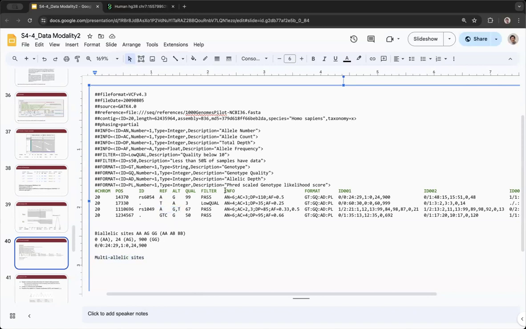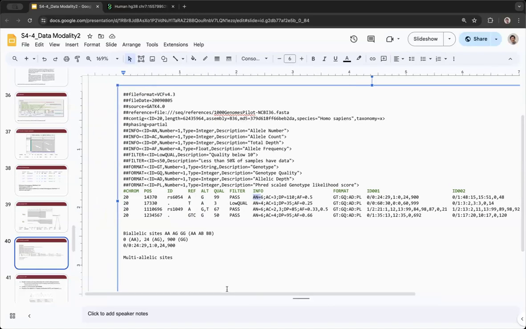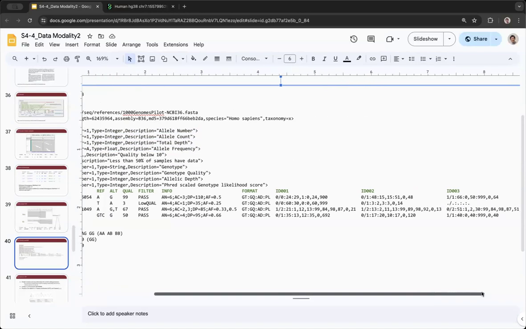If you look at the info, it has information like AN, AC, DP, AF, and you might find it awkward. So you go to the header, then you get to know what that information is. AN is the allele number, right? So how many alleles you identified in these samples, as we discussed in section 3.